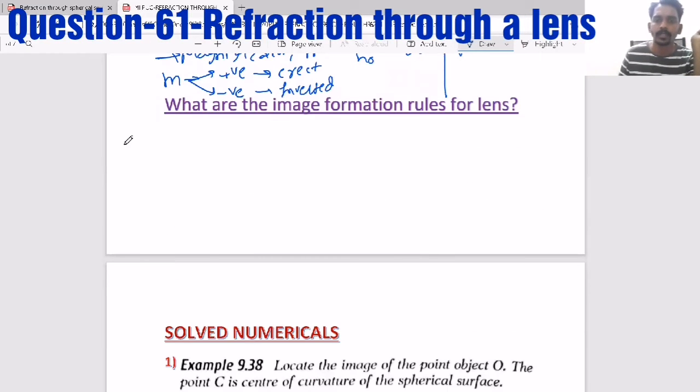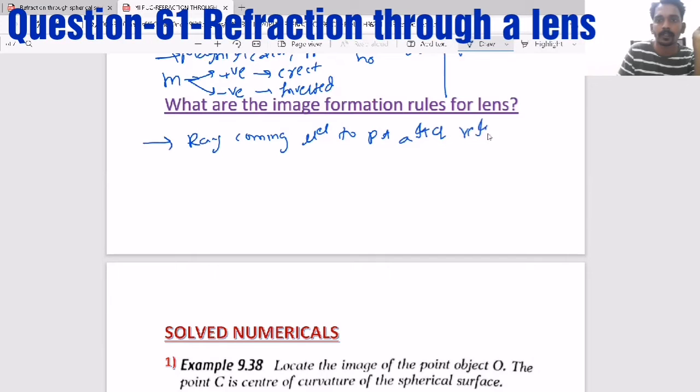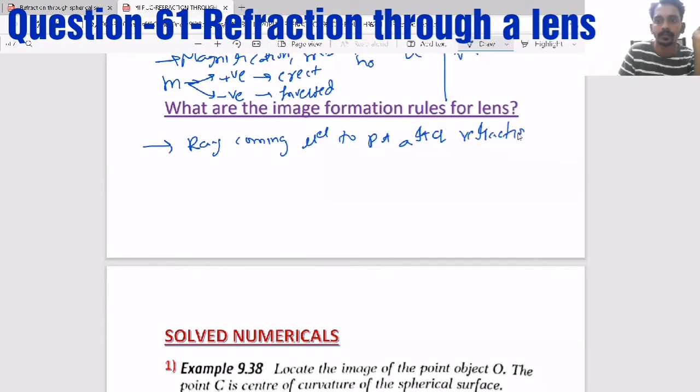Now what are the image formation rules for a lens? See, there are simple rules. When a ray comes parallel to the principal axis, after refraction it passes through the focus on the other side, and vice versa.